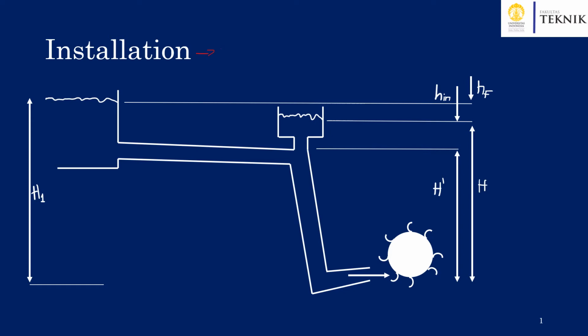So now let's say here this is for a Pelton wheel. Here we have the Pelton wheel itself, and this C-shaped geometry is what we call the bucket.